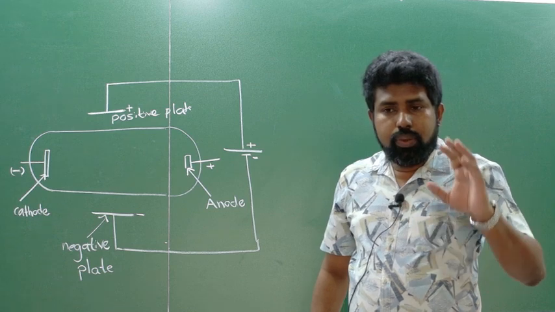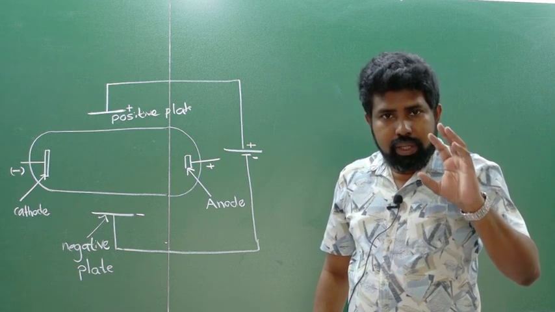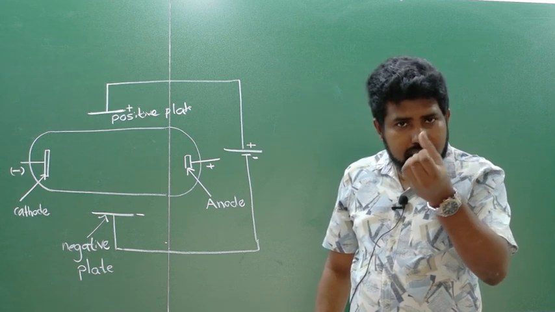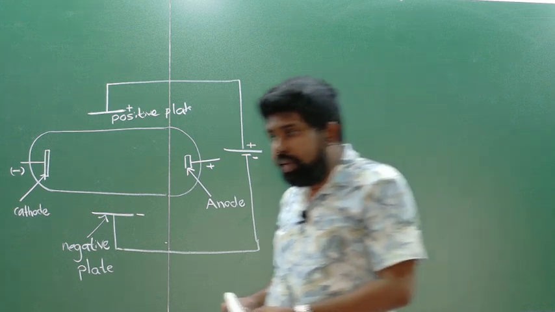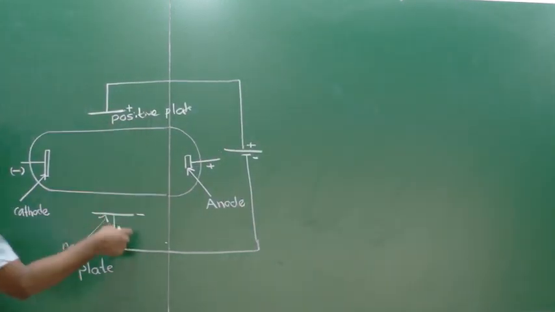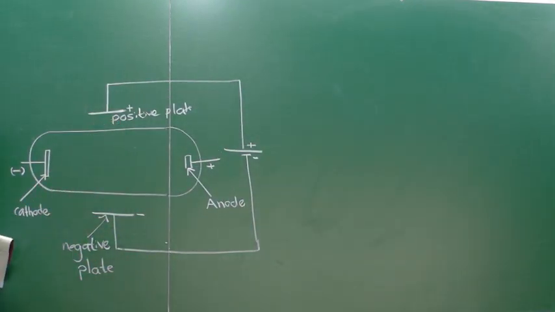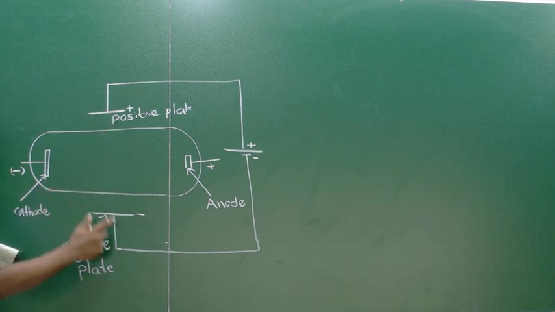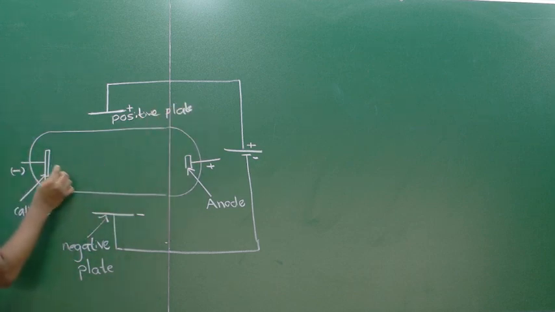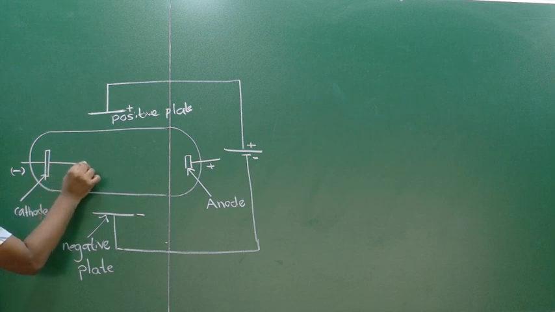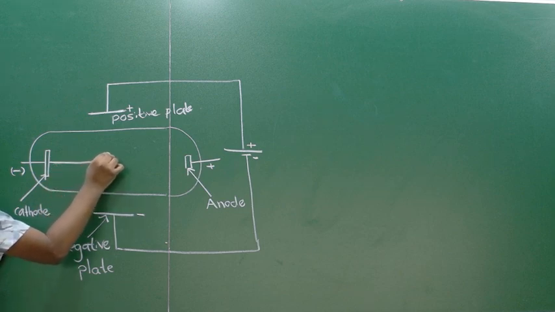As we know, opposite charges attract towards each other. Thomson observed that when he created an electric field using two metallic plates like this, the cathode ray particles are attracted towards the positive plate.